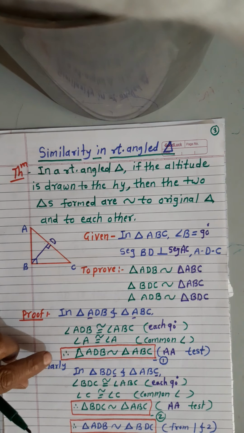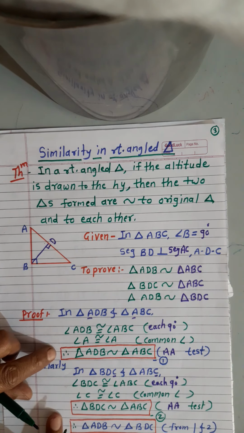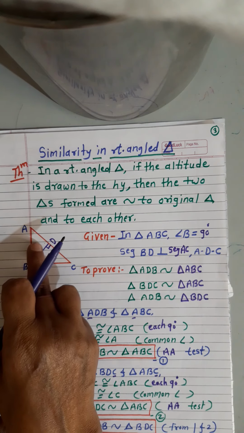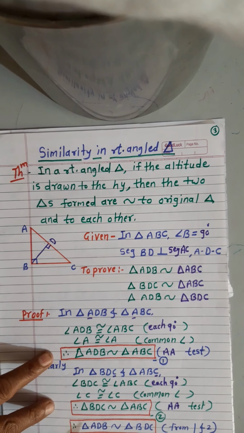Now see equation 1 and equation 2. From this we can write that these two small triangles are also similar. Therefore, triangle ADB is similar to triangle BDC from 1 and 2. This is called similarity in right angle triangle.